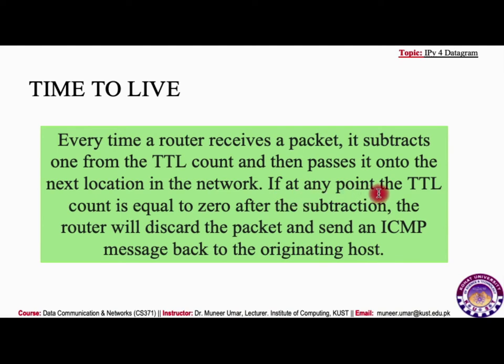If at any point the TTL count is equal to 0 after the subtraction, the router will discard the packet and send an ICMP message back to the originating host. So if TTL becomes 0 after the subtraction, then that packet would be considered as expired and would not be forwarded by the router.